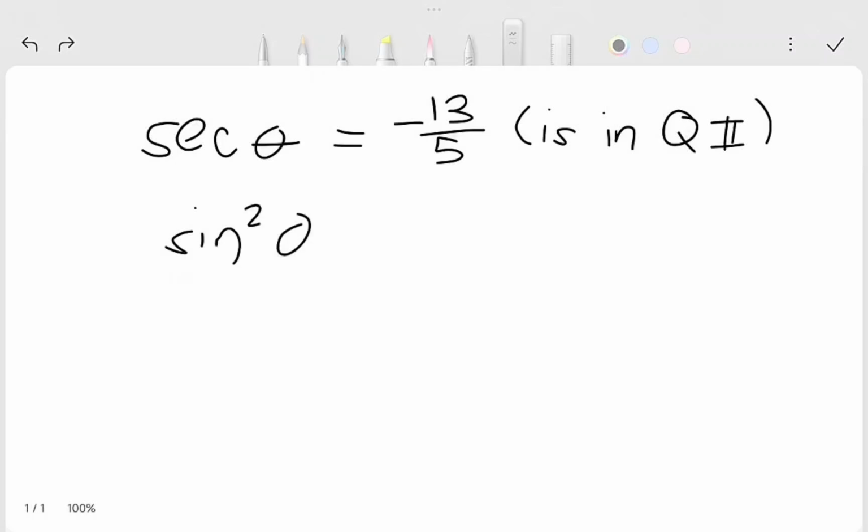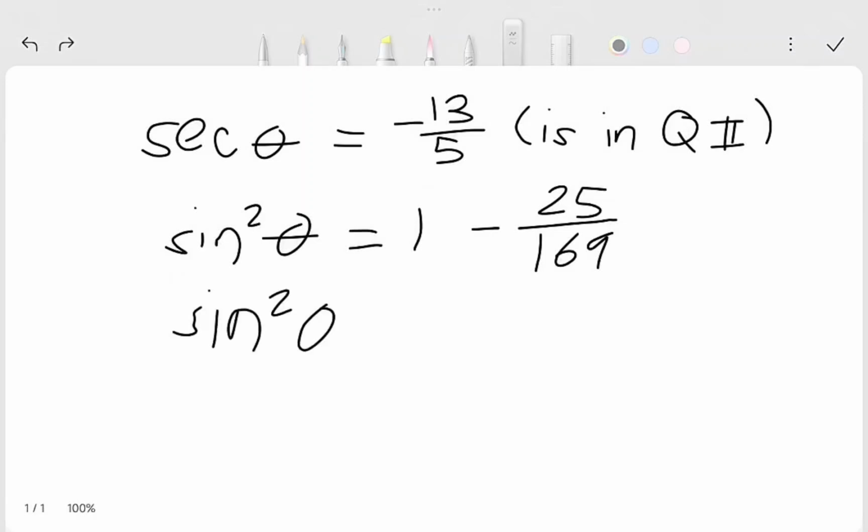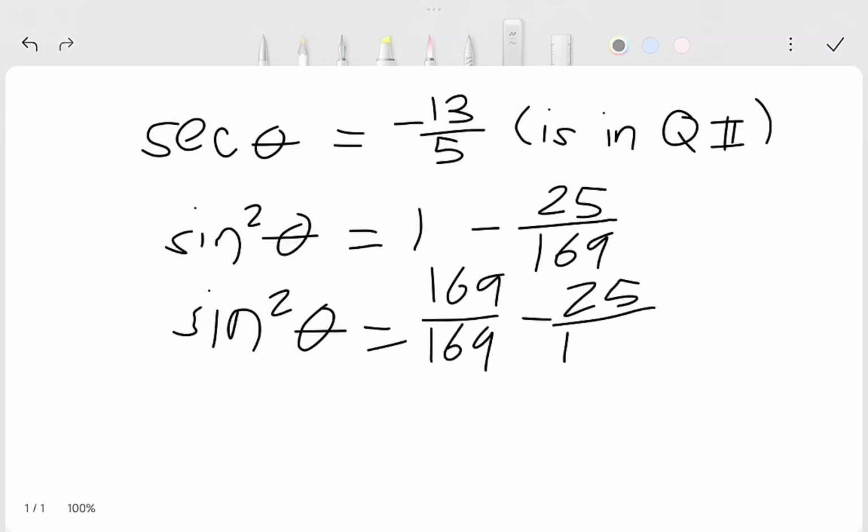So now sine squared theta is equal to 1 minus, because we will change the sign of, 25 over 169. So now let's change the value of 1 into the denominator of our cos theta for us to know what is the result of the sine theta. So sine squared theta is equal to 169 over 169 minus 25 over 169.